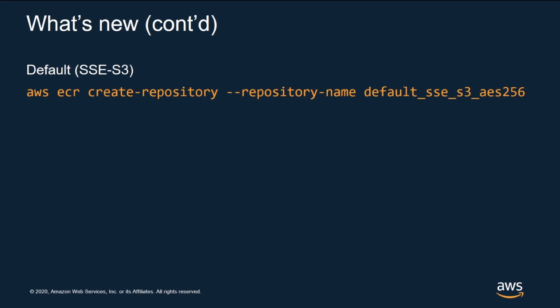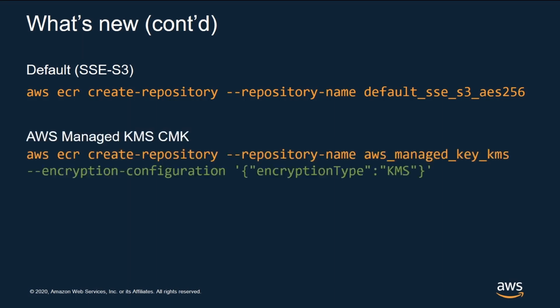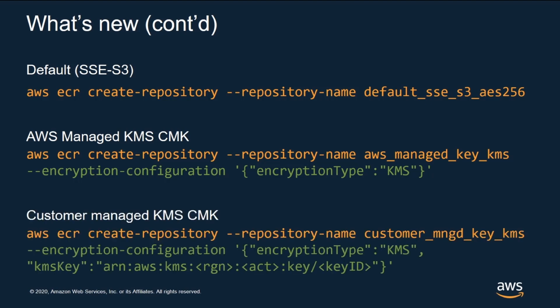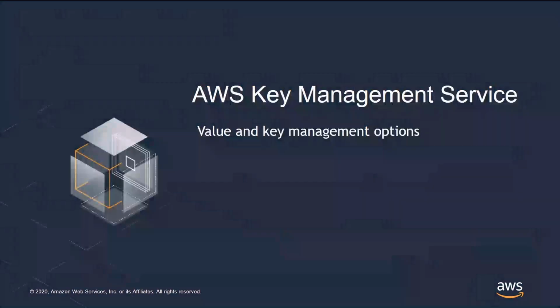With the new feature, customers can pass additional KMS configuration to use either the AWS managed KMS key or create their own CMK in KMS and specify it while creating the repository, as shown on the screen. But before we take a look at this in action, we need to understand envelope encryption and AWS KMS and the benefit this provides to our customers.